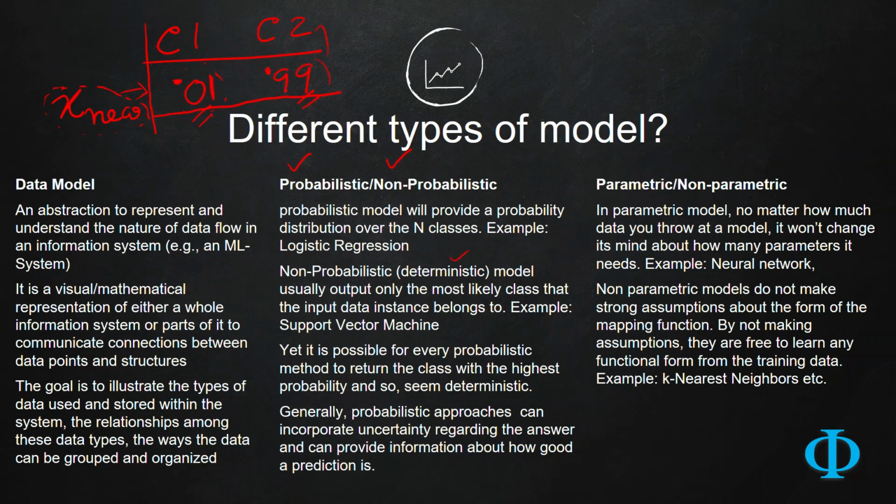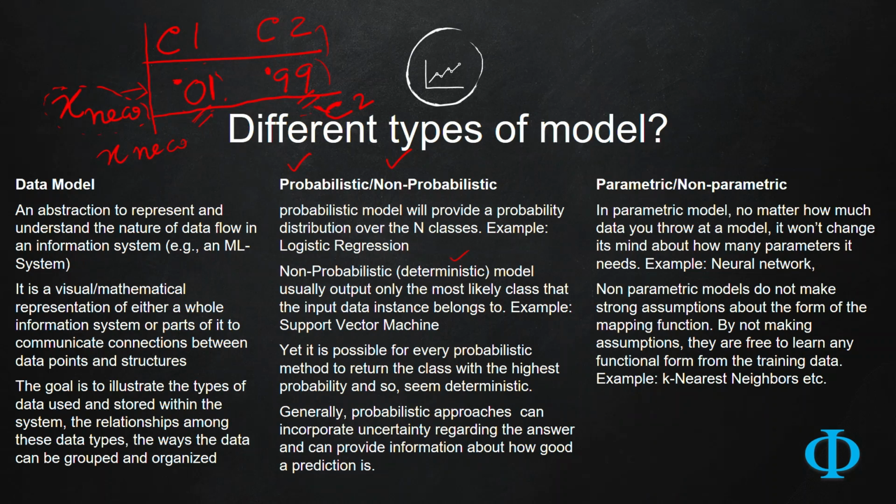But whenever it is a non-probabilistic model, it will only say that the data belongs to C2. It can give the output like, well, X new belongs to C2. And that's it. It does not give any probability of C1. It will just say that X new belongs to C2. That's the deterministic or non-probabilistic model.